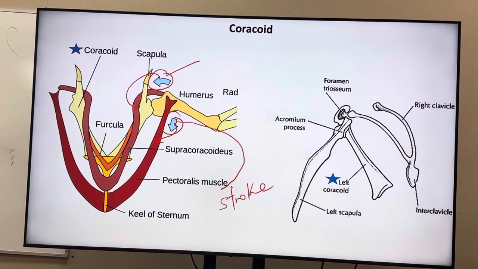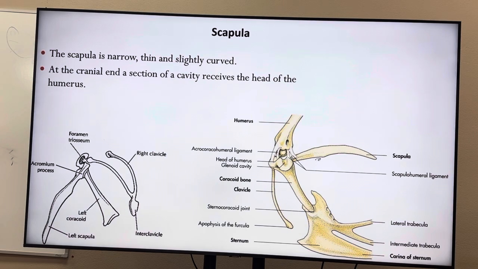Upstroke. So the humerus goes to the pectoralis muscle on the downward stroke, and the humerus goes to the supracoracoideus on the upward stroke. He said the supracoracoideus is for upward, and the pectoralis is for downward.